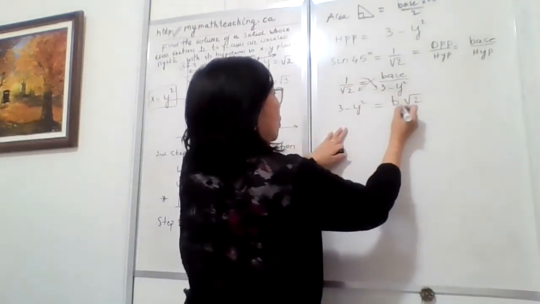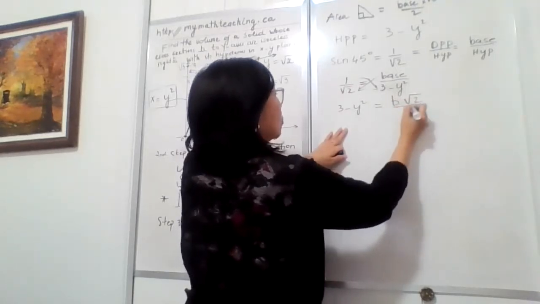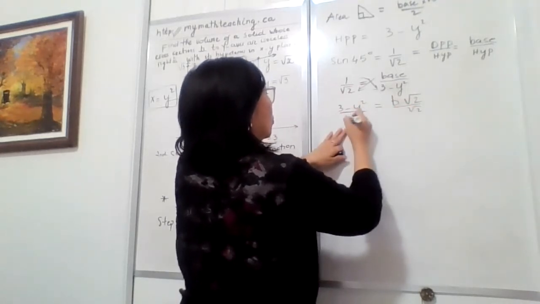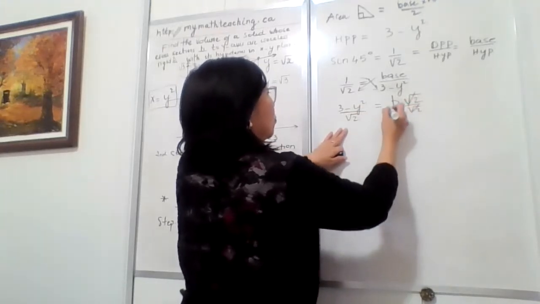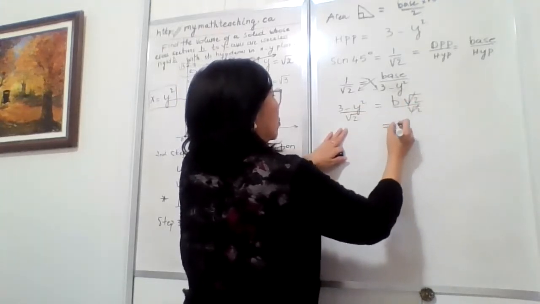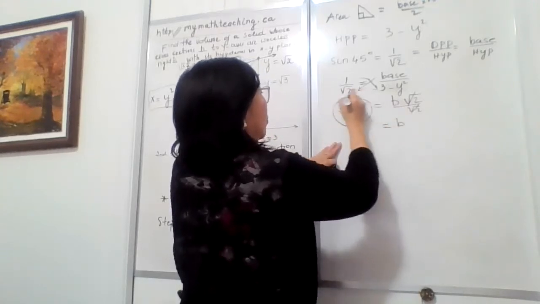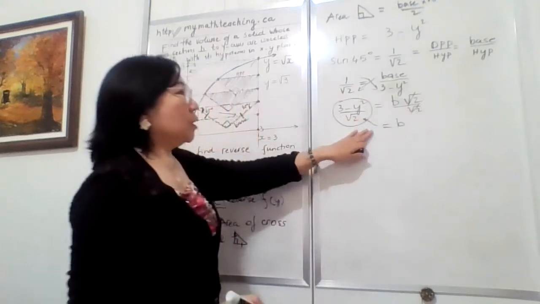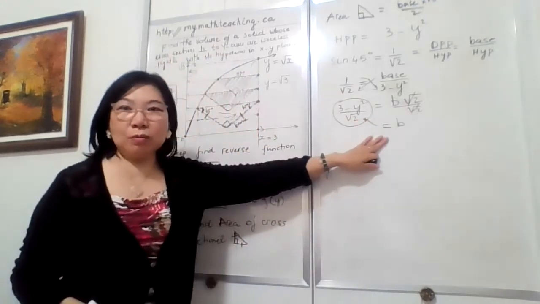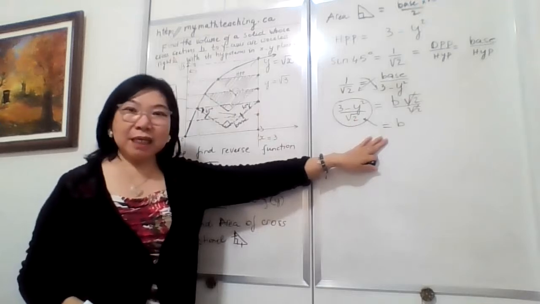To solve for b, we divide both sides by square root 2, and therefore this cancels. We're left with b equal to this number. So now we know b in terms of the function, and b here is the base.